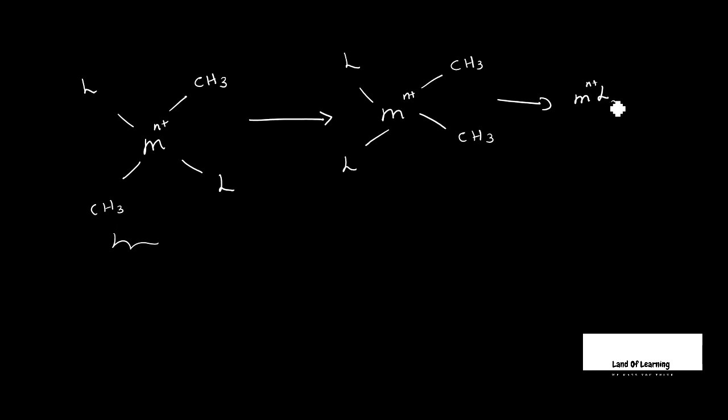So we have L2 plus CH3 and CH3. This is the procedure. So if your question asks whether this complex can undergo reductive elimination, your answer should be yes. It can undergo reductive elimination, but before it does, it should reorient on its own to form a structure with two methyl groups at cis positions, and then it can directly undergo reductive elimination. So these are the main things you need to understand about reductive elimination.